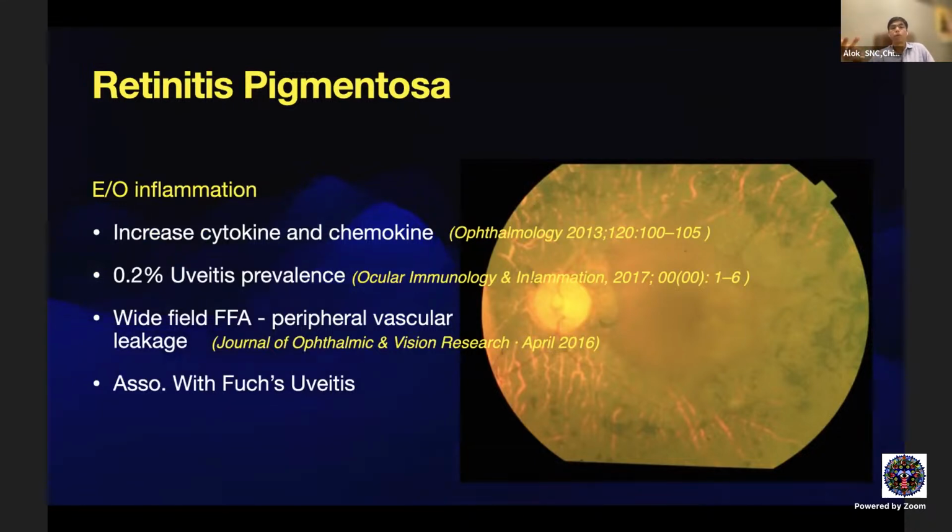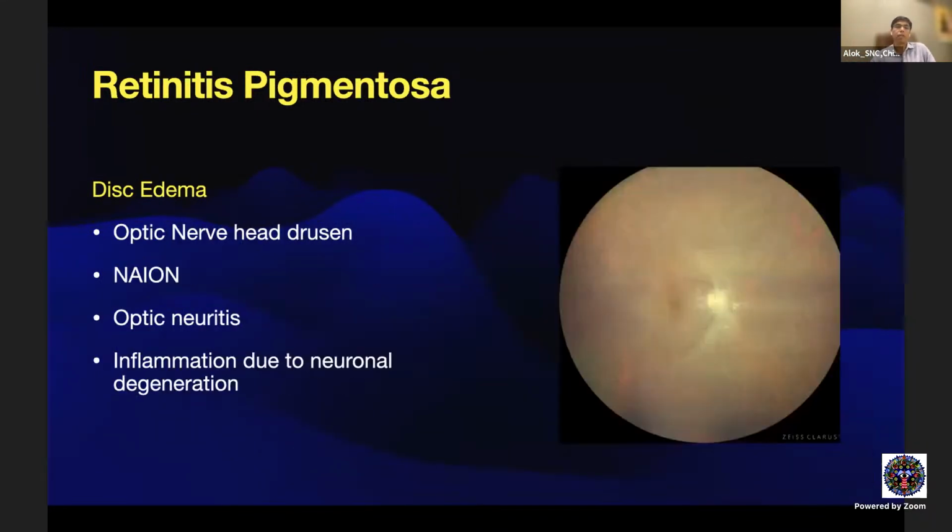There is a report which suggests that 0.2% of patients with retinitis pigmentosa may have an associated uveitis. Even wide field fluorescein angiography has shown peripheral vascular leakage in these patients, and an association with Fuchs uveitis is known.